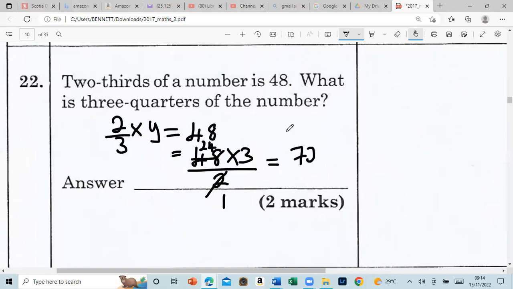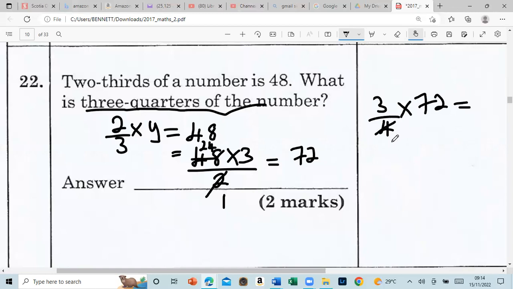But remember what they said. They say what is 3/4 of the number. Alright? So what we're going to do, we're going to find 3/4 now of 72, and that will give us our full 2 marks. So it's 3/4 of 72. Alright, so 4 can go into 72, so 4 into 4, 1. 4 into 7 goes 1 time, that remains at 3.